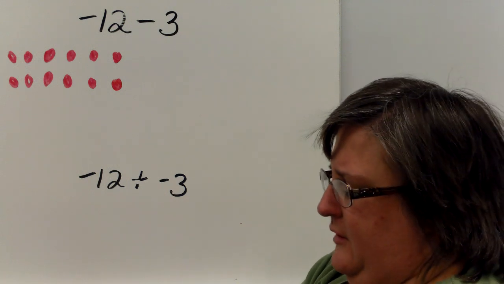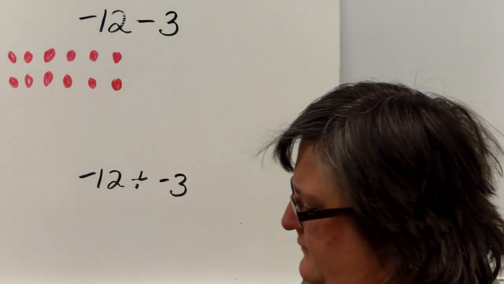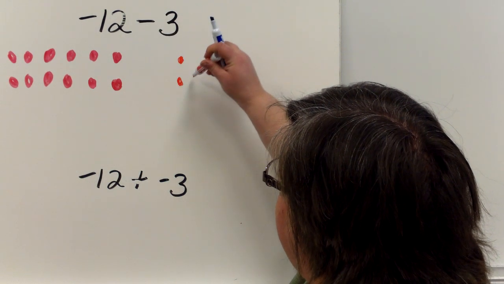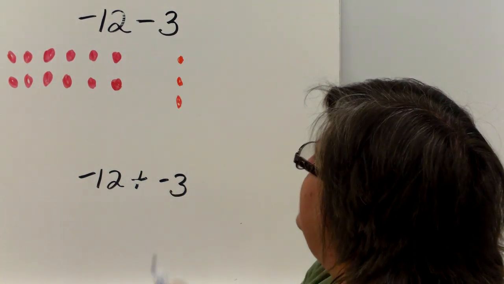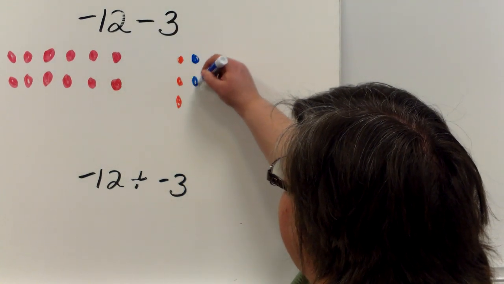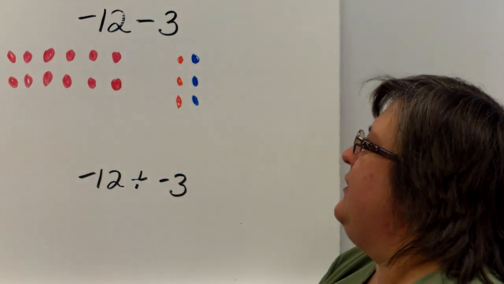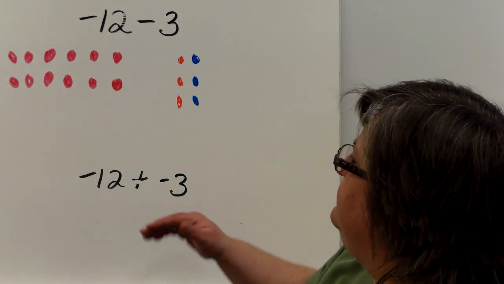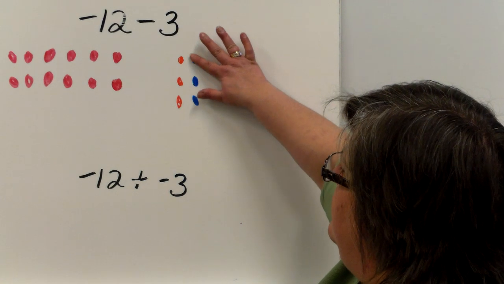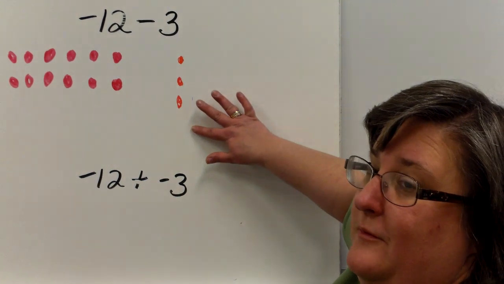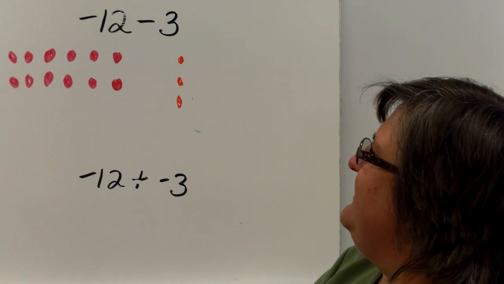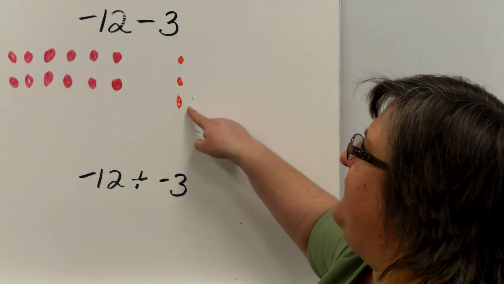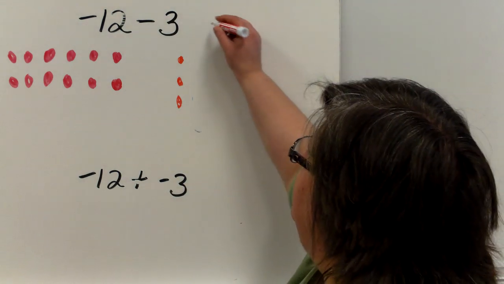Now, again, we have to introduce 3 positives, but along with the 3 positives, we have to introduce 3 negatives as well. So now to be able to take them away, all right. So now we would have 12, 13, 14, 15, and they're all on the negative side.